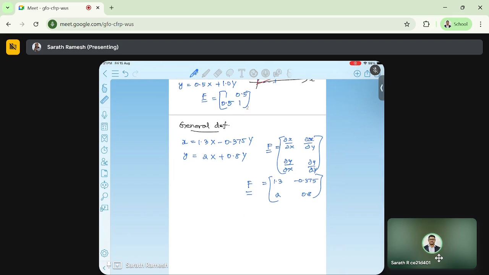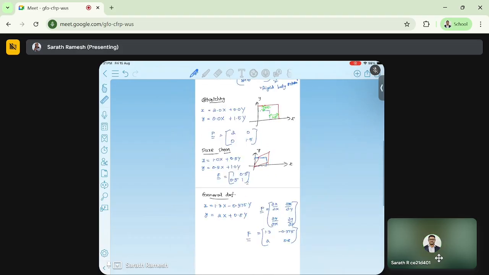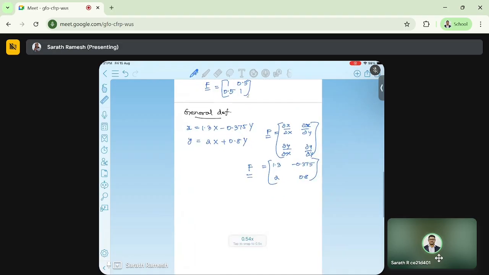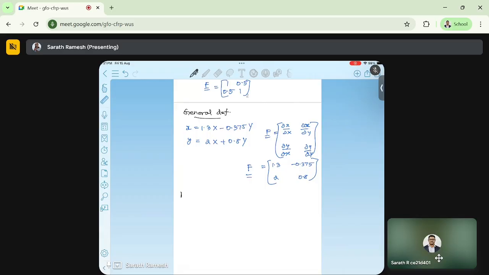In all the examples that I have shown you, F is a constant. Suppose I want to show you non-homogeneous deformation, I can give you an example.